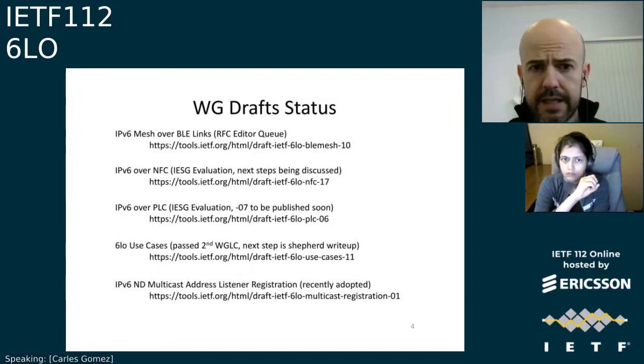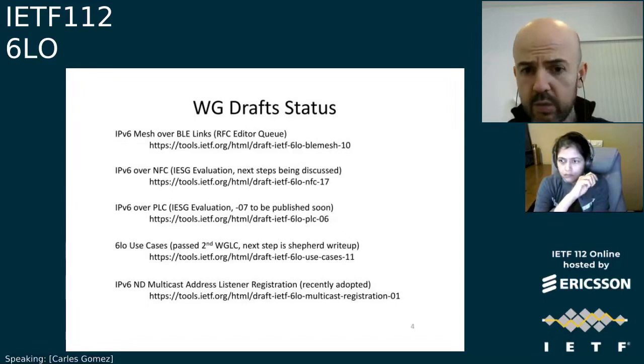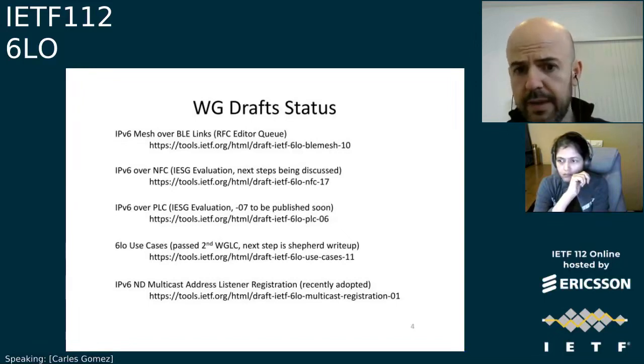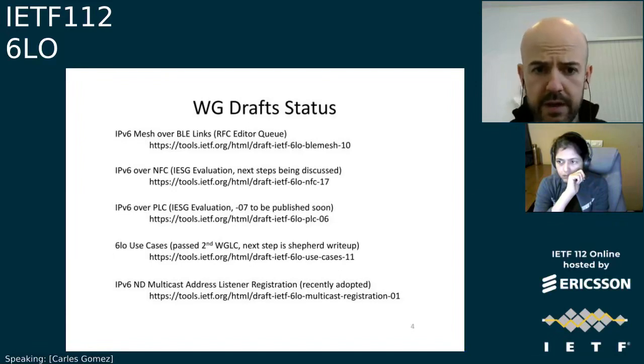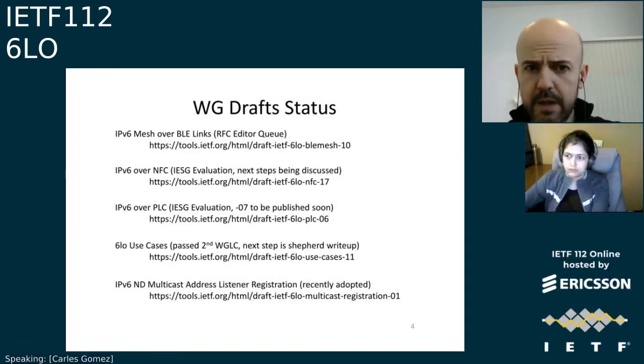Then the next document is the 6lo use cases draft, which passed the second working group last call. So the next step will be getting the Shepherd write-up. And finally, we have a new working group document, entitled IPv6 ND multicast address listener registration, which was adopted very recently and which had pretty good support. And by the way, this will be presented later today. So is there any other comment or question?